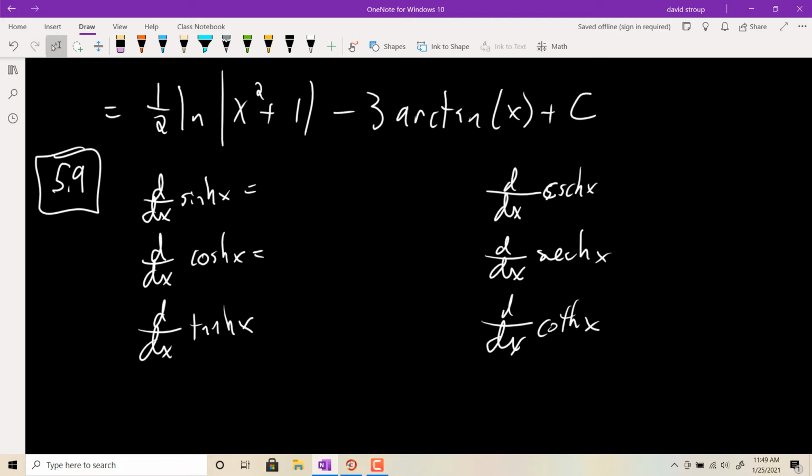Okay. You're supposed to have the trig derivatives memorized, so if you know those, you should know these. Just the signs are different, right?